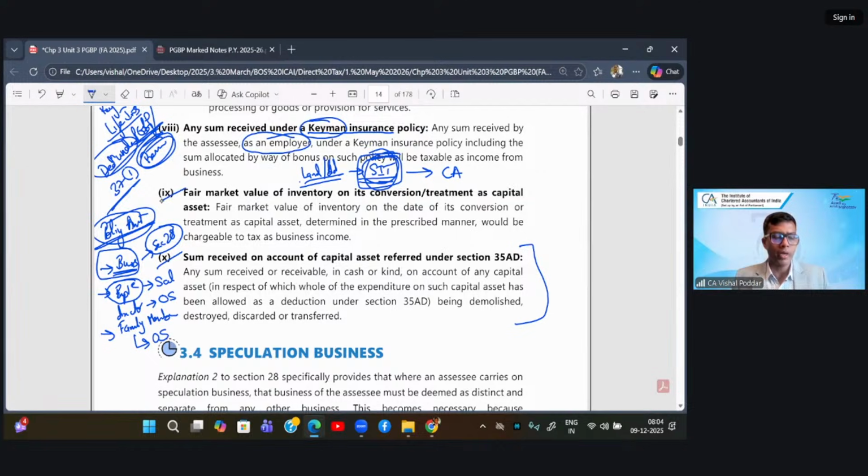But now you have changed it to an asset which you will be using in your business. Now, this is the case which is called conversion of stock in trade into capital asset, right? Now the point is, pay attention.